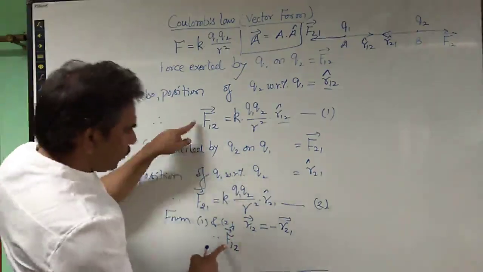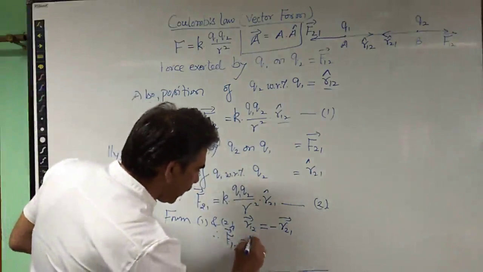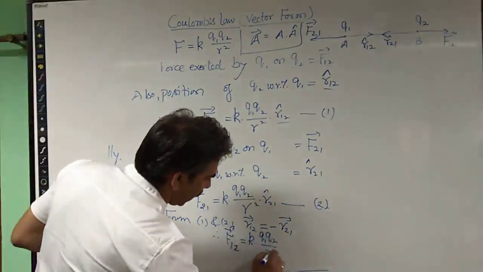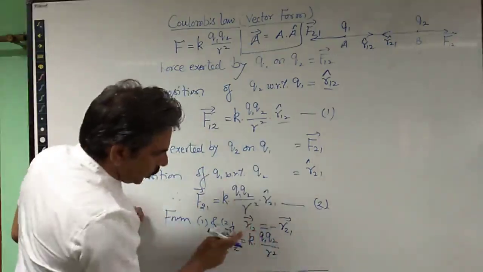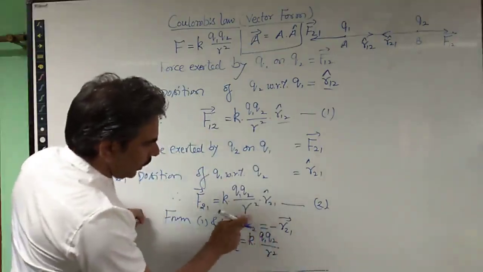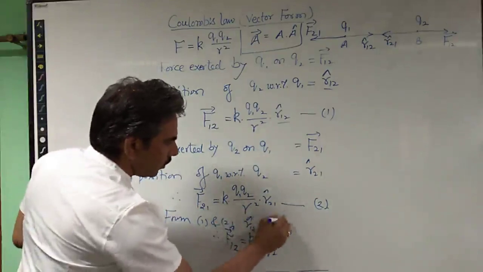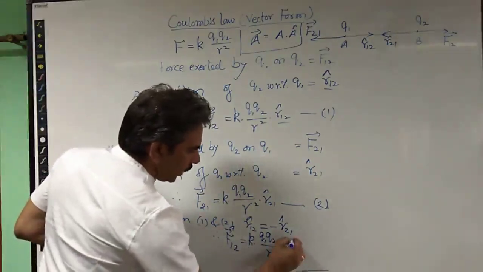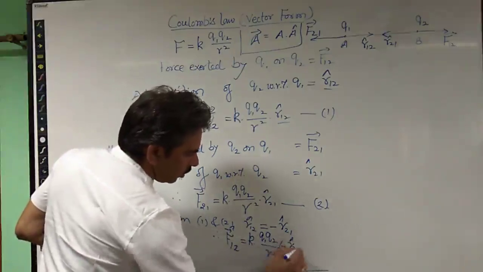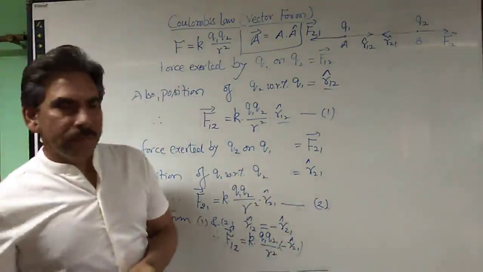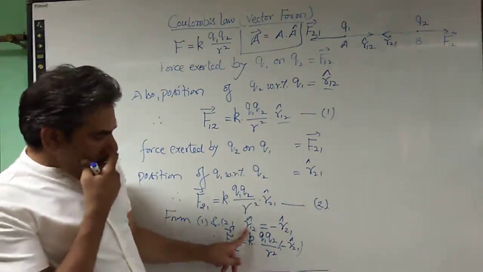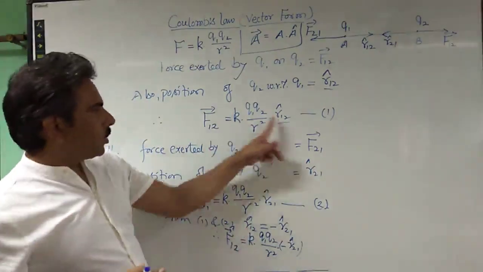So F12, this force can be written as K into Q1 Q2 upon R square into R12, the unit vector, as minus R21 in the bracket. We are writing the value of R12 from this equation into this equation.